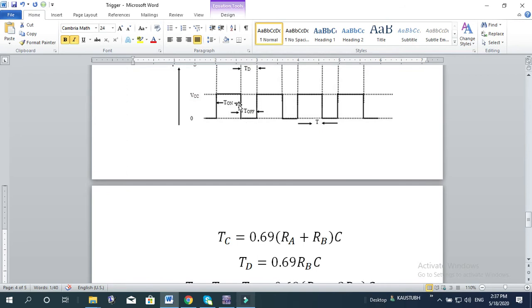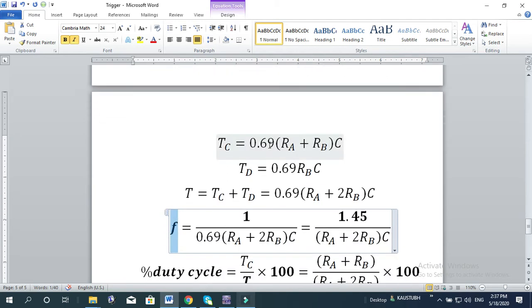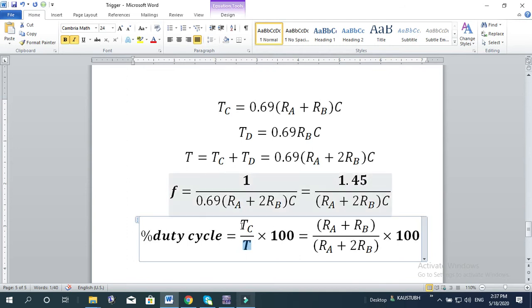If on time is less than off time, then it is less than 50% duty cycle. So this duty cycle is simply defined by the on time, or here the charging time, divided by the total time into 100%. This is the standard definition of a duty cycle: on time divided by the total time into 100%.